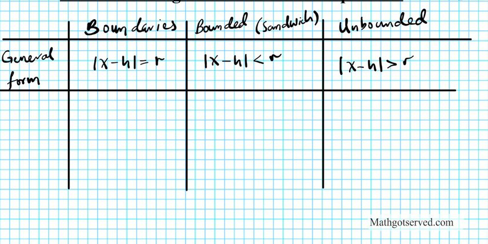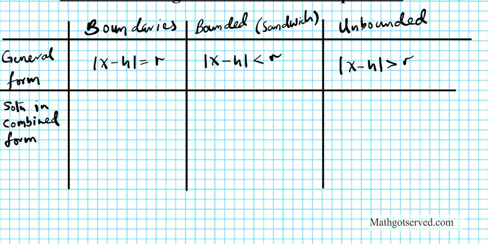Okay, now that we know what the general form is, we're going to look at what the solutions look like. We're going to start by looking at the solution in combined form. So what does a solution in combined form look like?